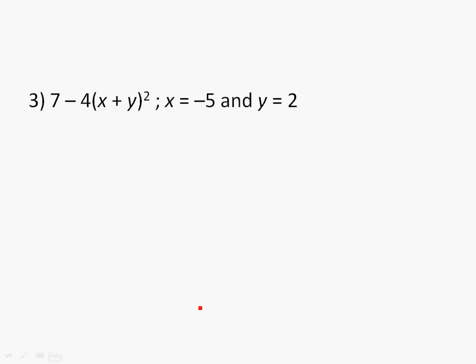Alright, next, 7 minus 4 times the quantity x plus y squared when x equals negative 5 and y equals 2. So let's put in our numbers for our variables.